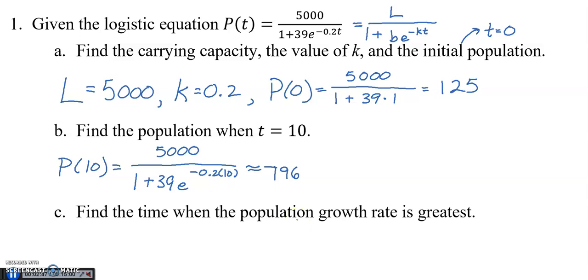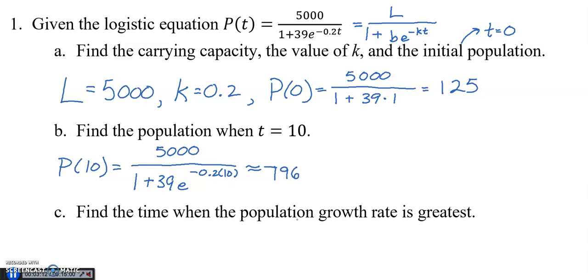All right. Part C starts causing us to actually think about how this is related to a differential equation, because they're asking about the growth rate. In fact, it's asking for the time when the population growth rate is greatest. Now, we don't have to do a lot of hard work to figure out the time. We're not going to take any derivatives and set them equal to 0 or anything like that.